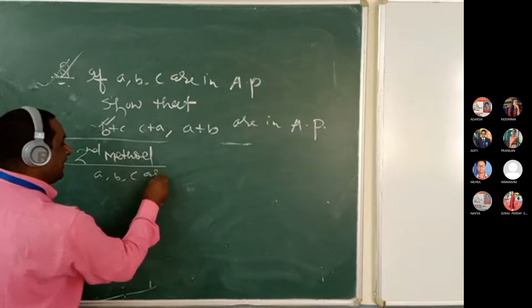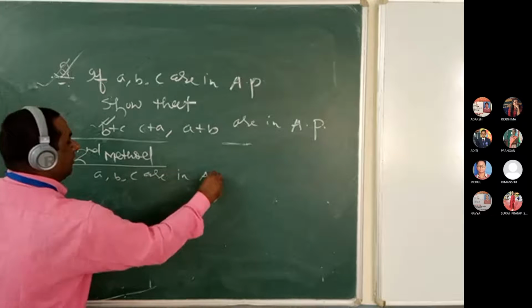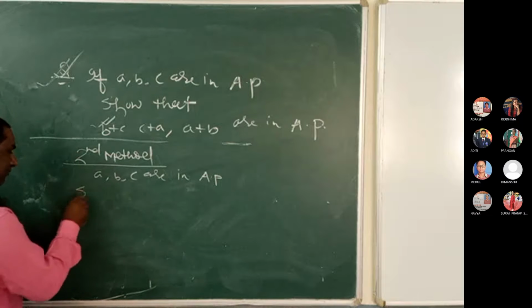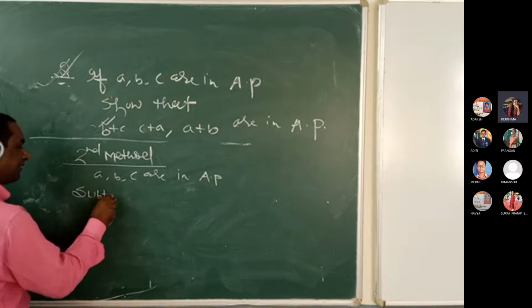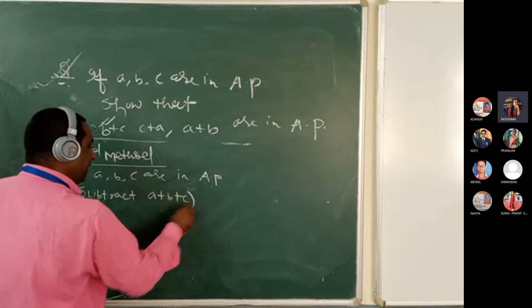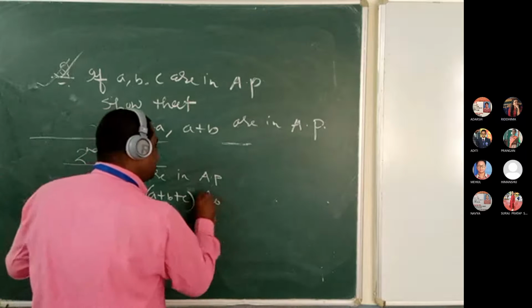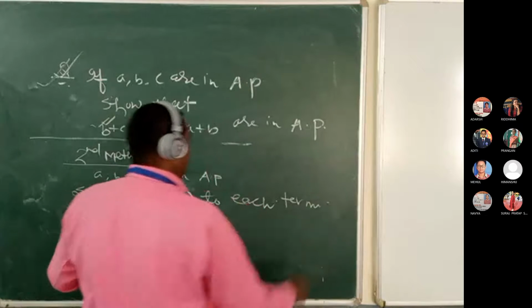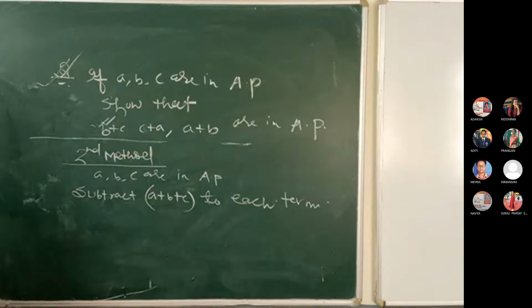What we are doing, since what is given is A, B, C in AP, I am going to subtract A plus B plus C from each term.